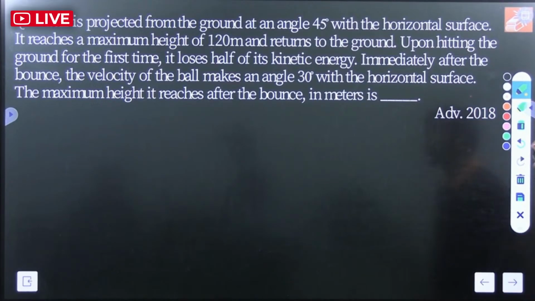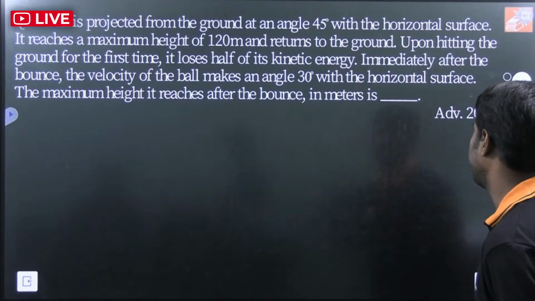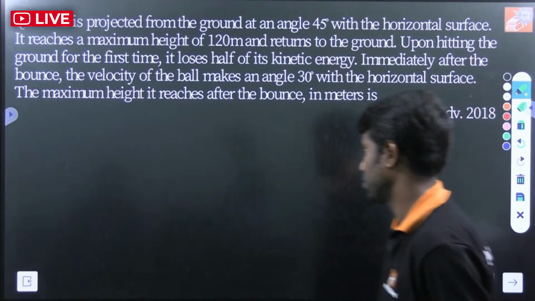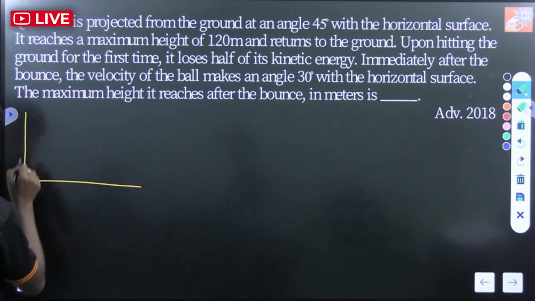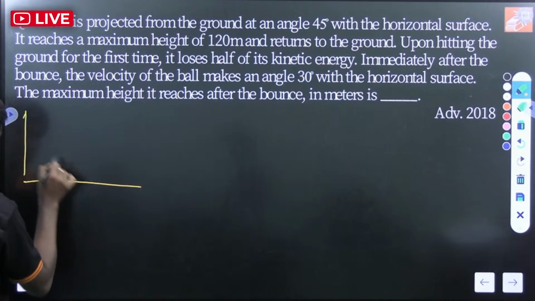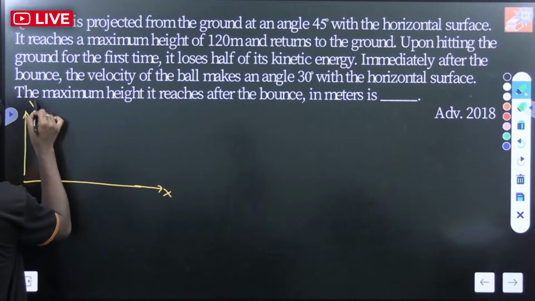The ball is projected from the ground at an angle of 45 degrees with the horizontal surface. So let's try to draw the diagram. This is your axis system. Let's take this as our x-axis and this as our y-axis.